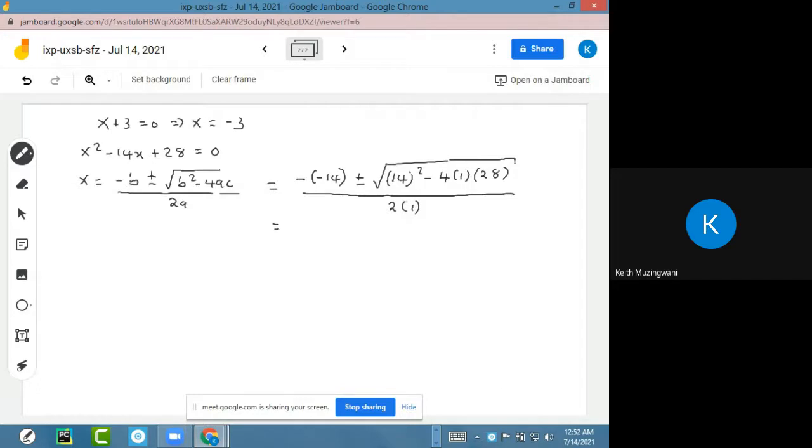So we'll get 14 plus or minus, we found this number here to be 104 over 2. Now let's see, could you find a number that we can multiply, two numbers, one a perfect square, so that we can reduce 104?